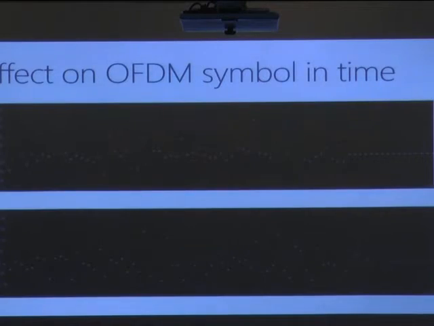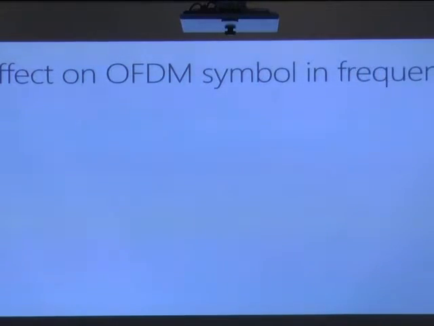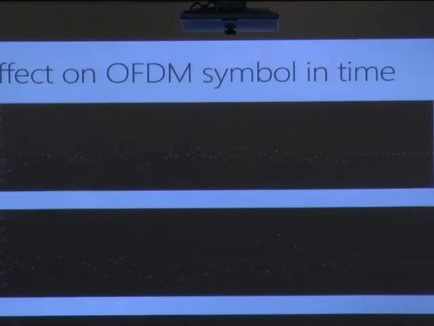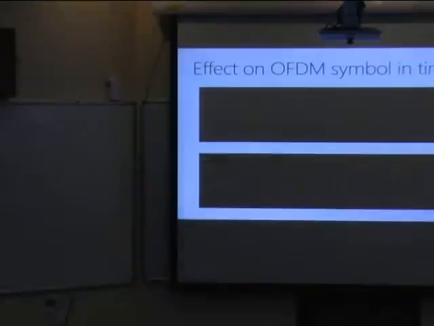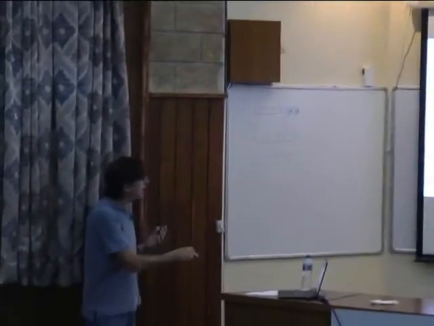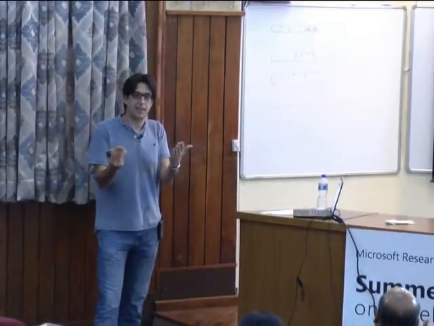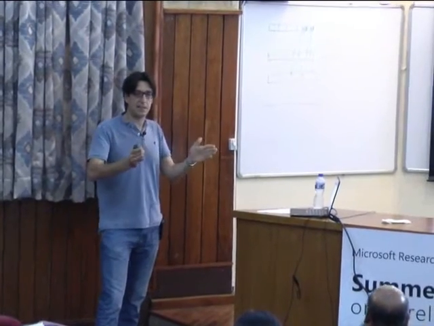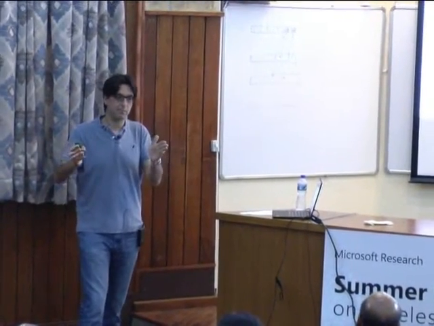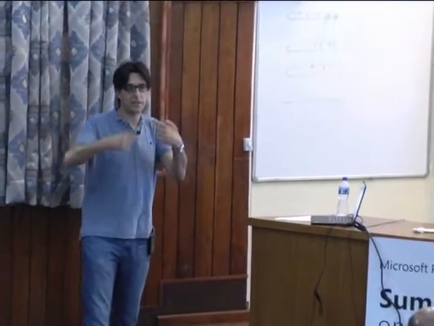So let me just give you a brief idea. Again, I'm not going through all the details of the derivation of this, but the idea why we can deal with this multipath in frequency is this: think of a sine lasting forever. Take this sine, shift it in time by something, and shift it in phase.